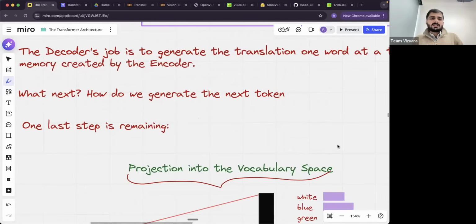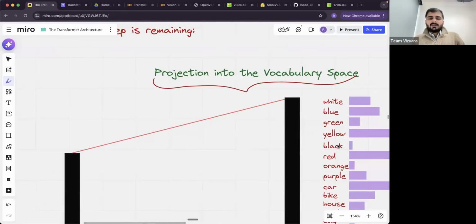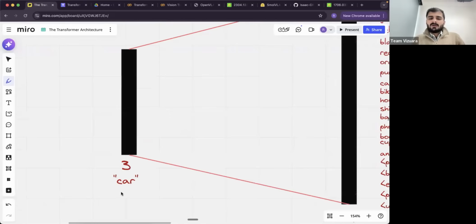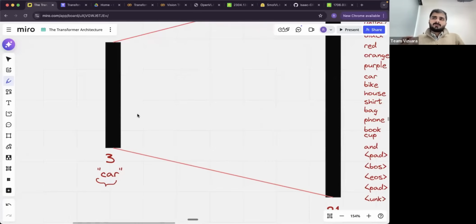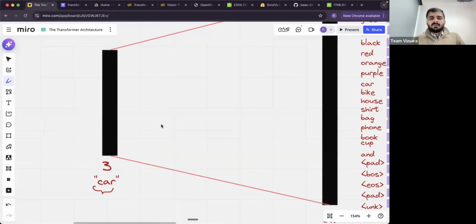This is a very important step because this is something which has become the hallmark of modern LLMs, which is next token prediction. So we have this context vector from car, which is coming out after the self attention, cross attention, and feed forward network. So it has gone through a lot of manipulations and transformations.